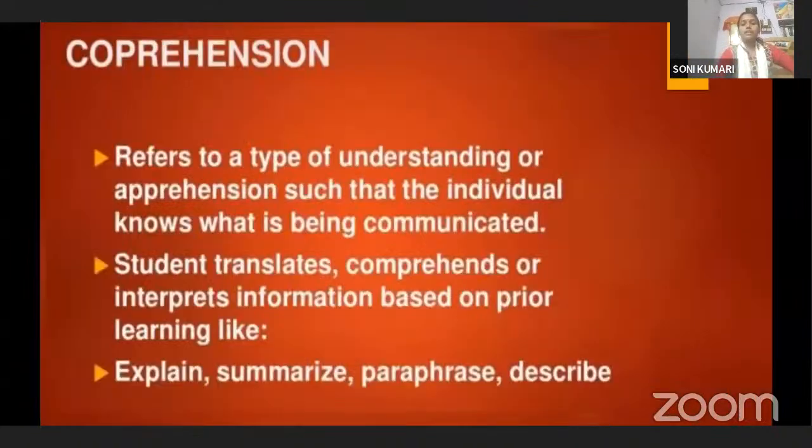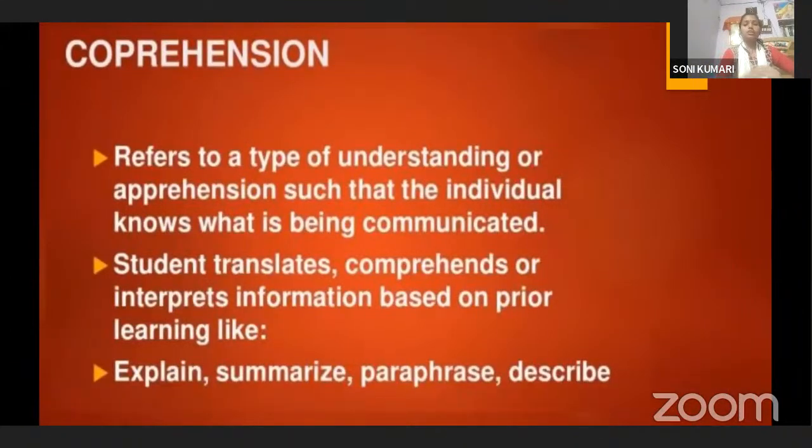Now the second level, the third topic of the cognitive domain, is comprehension. Comprehension refers to a type of understanding such that the individual knows what is being communicated. A student translates, comprehends, or interprets information based on prior learning, like explain, summarize, prepare, or describe.